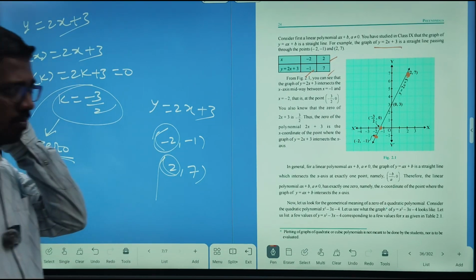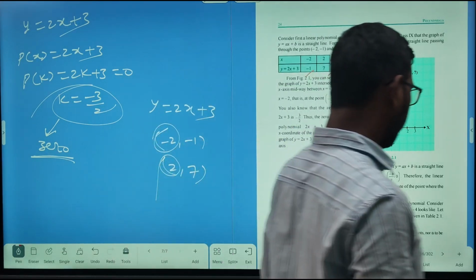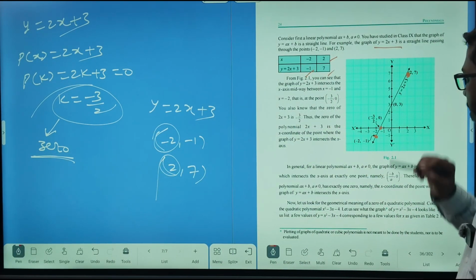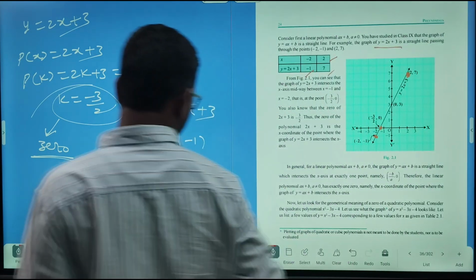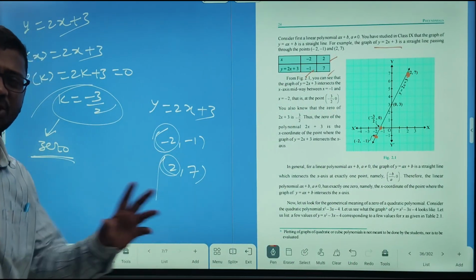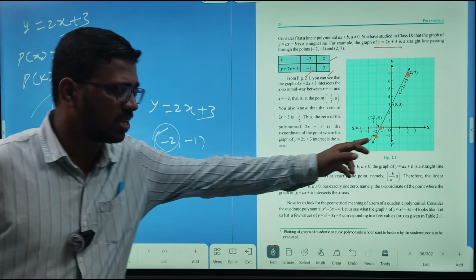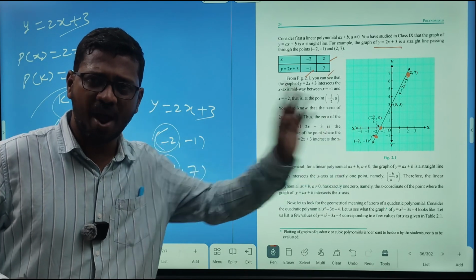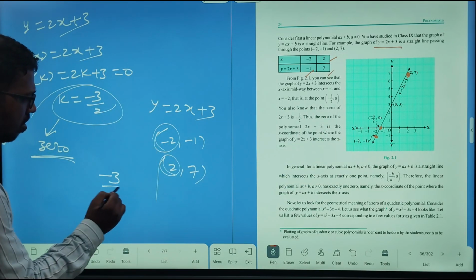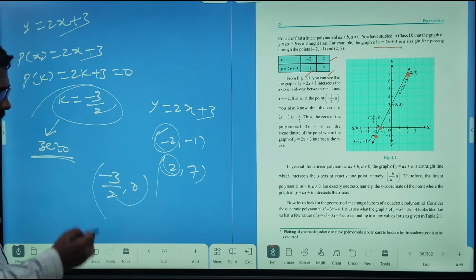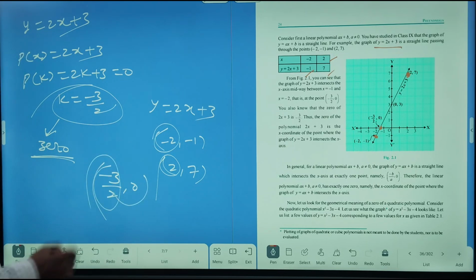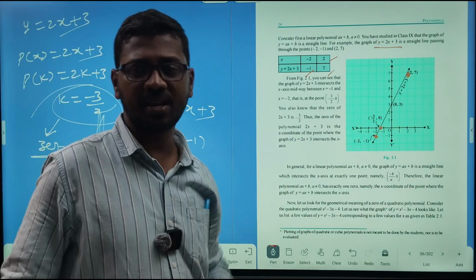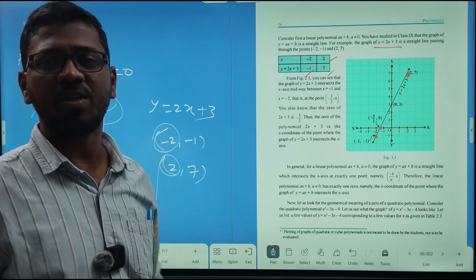If you extend them, that line touches the x-axis at the point minus 3 by 2 comma 0. It means minus 3 by 2 is the zero of the polynomial. Both are same: the calculation and the graph representation give the same result, that minus 3 by 2 is the zero of the polynomial.